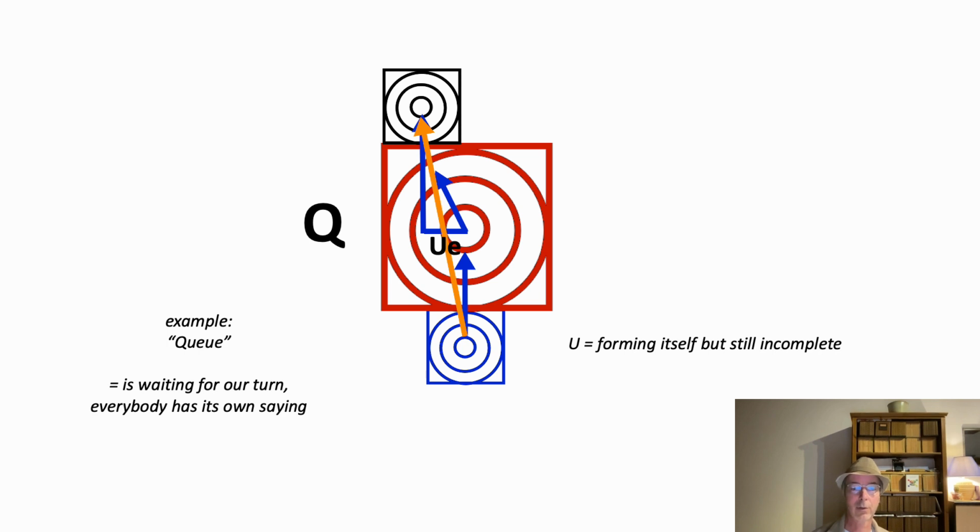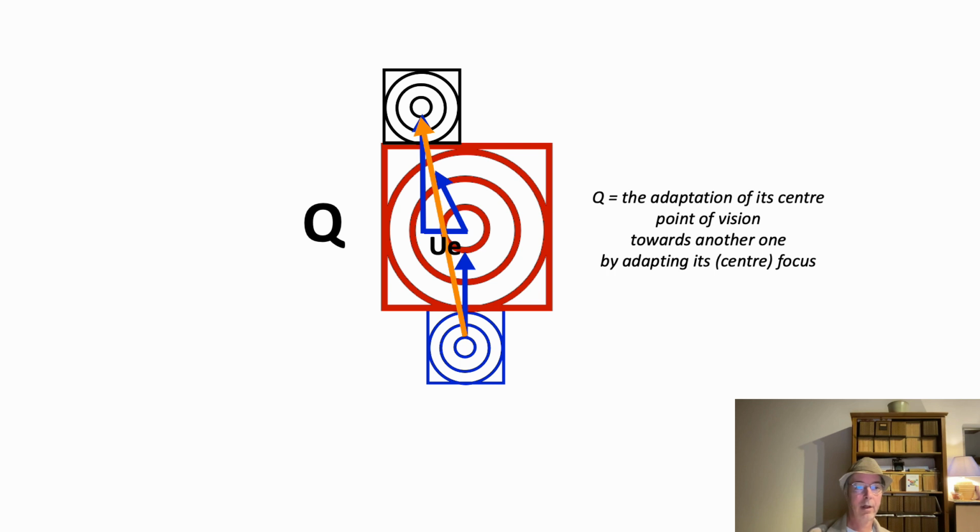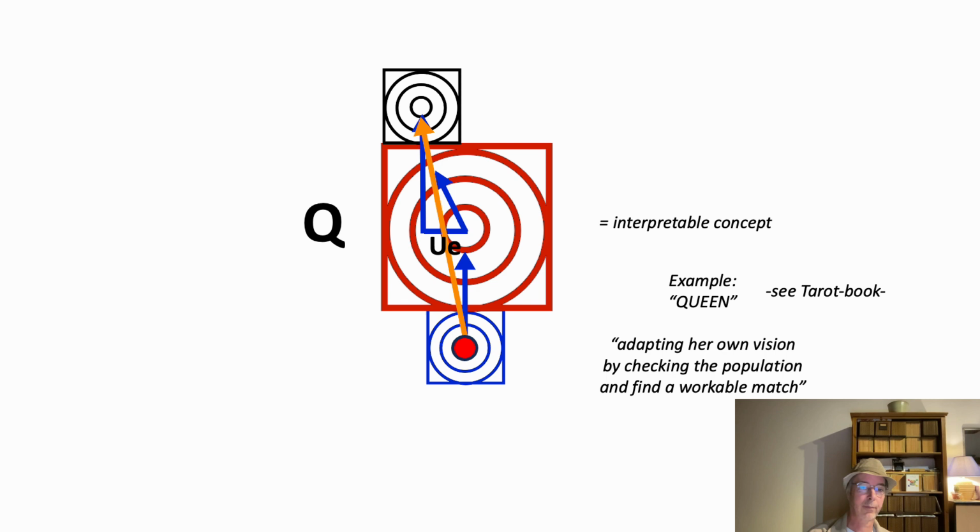That's also the Q. The U as a letter is always about something that is forming itself, but is still not complete. So what we do is, of course, adapt only to the center point of vision towards the other one, and then adapt to the interaction, how it is perceived.